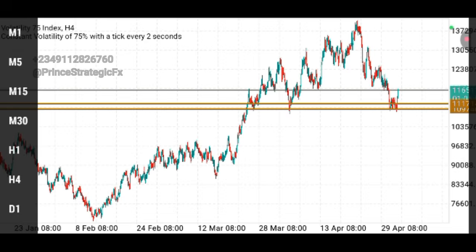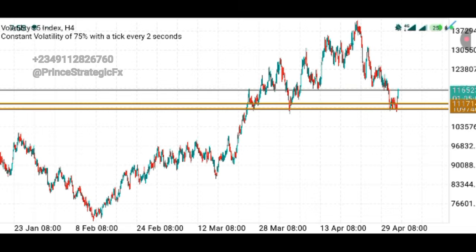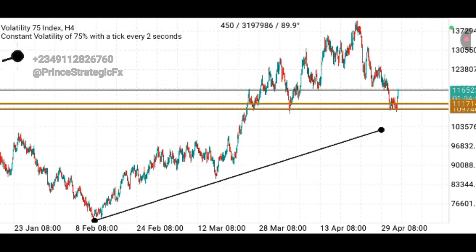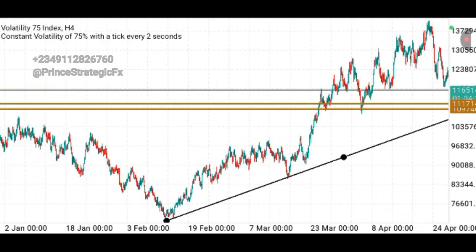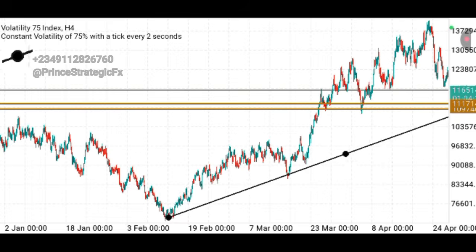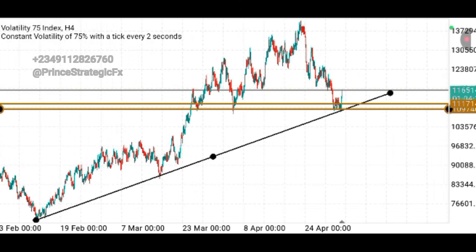Then the next thing I did was to identify the trend with a trend line. So I pick the wick here, then draw it all straight to the top. Now if it doesn't tally, you can do this multiple times, just to make sure that you are drawing a perfect trend line.